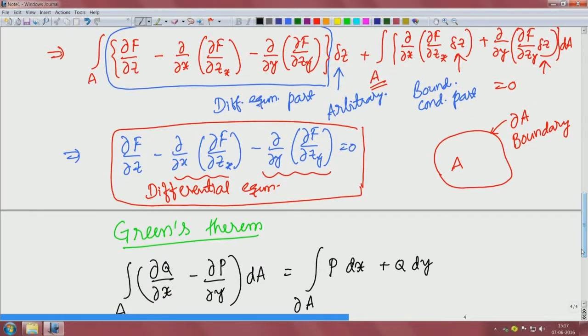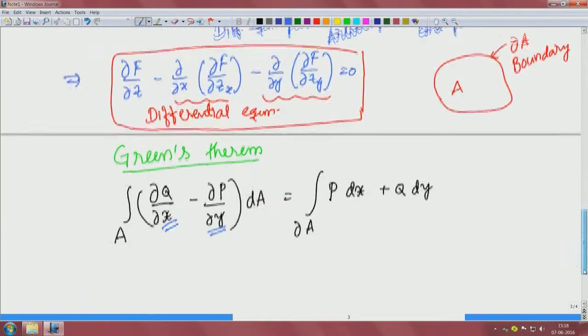So, if we compare this quantity ∂q/∂x, this part is q, and then minus ∂p/∂y is what we have here. So, minus of that will become p. So, q and p over the area dA. Now, we reduce it to something on the boundary.